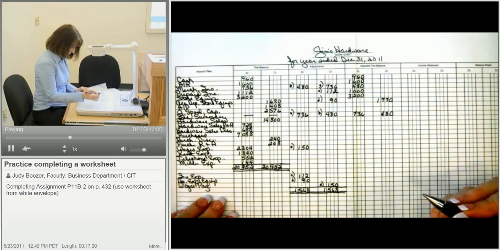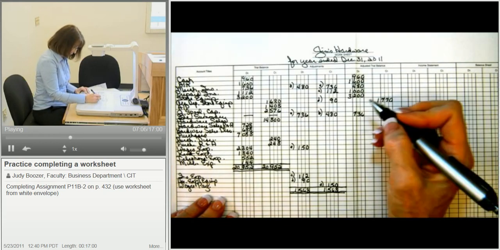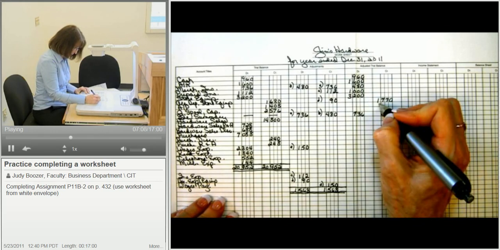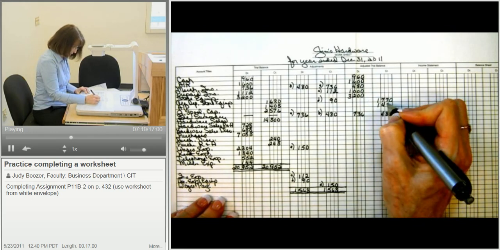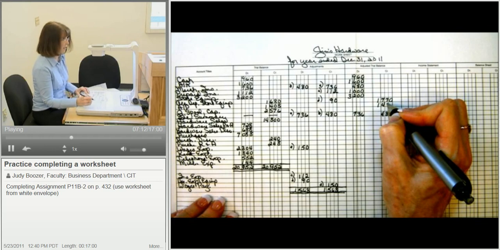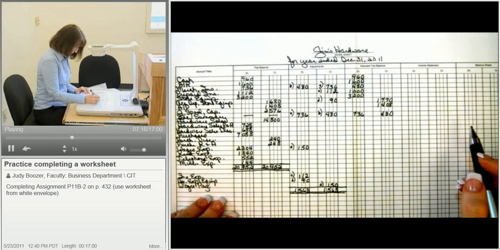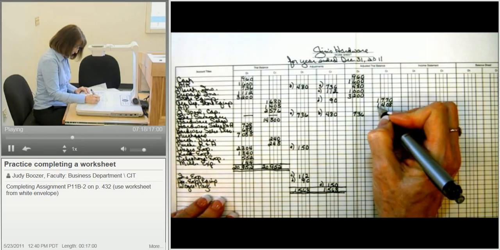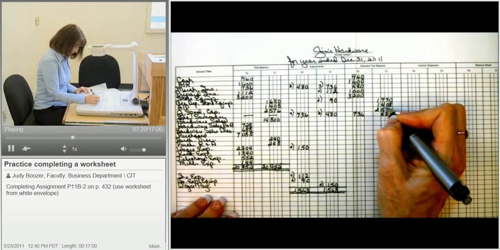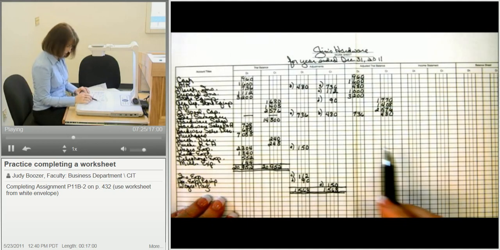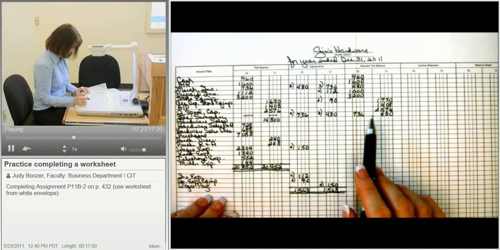In accounts payable, $1,408, what we started with. And the big thing is, make sure you're putting them in the correct column. And the capital account stays the same, 2576. We've already done income summary, bringing forward both balances for beginning and ending inventory.